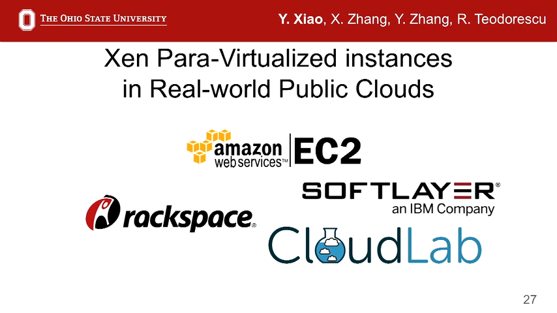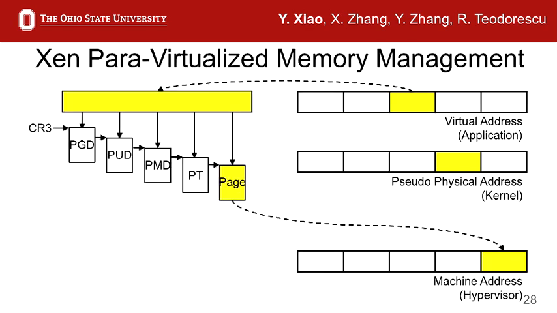Our attack technique is proven effective under Xen Para-Virtualized settings. And Xen PV is widely in use by multiple cloud service providers, including Amazon EC2 and Rackspace. In the Xen guest VM, the physical addresses used by the kernel are no longer the real physical addresses of the hardware.